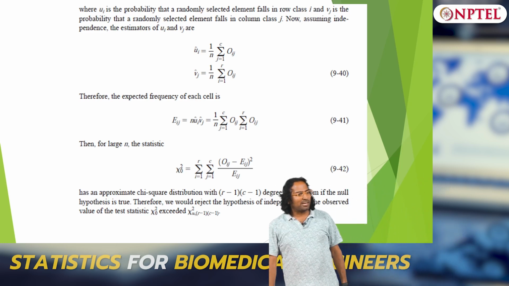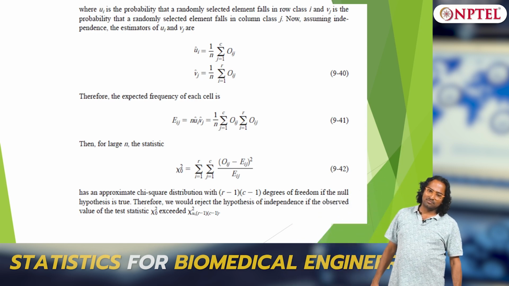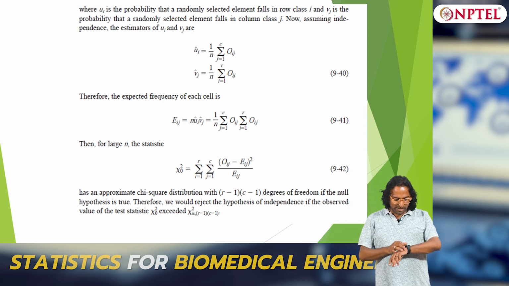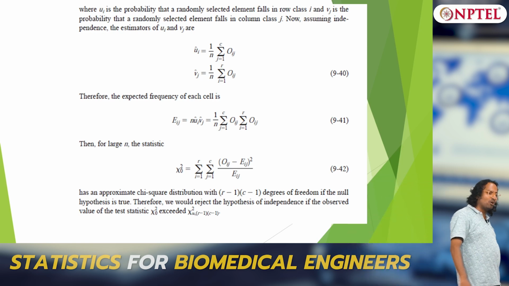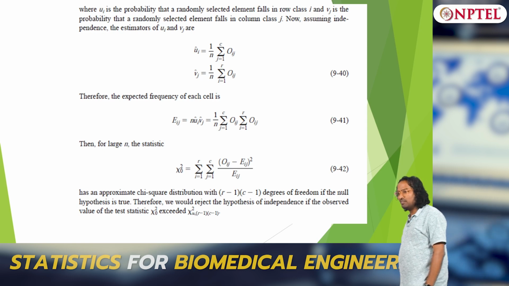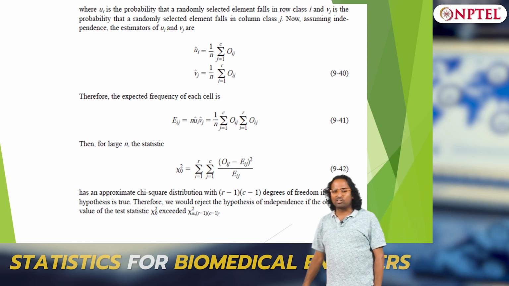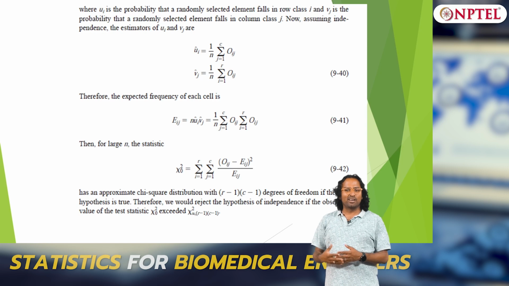When two variables are independent, what do I have? Probability of A intersection B equals probability of A into probability of B. Expectation of XY equals expectation of X into expectation of Y. There is no relationship.